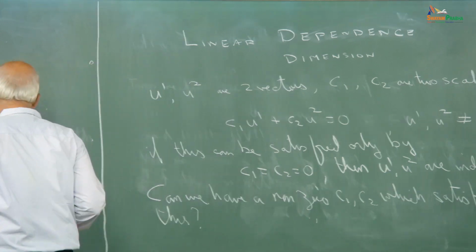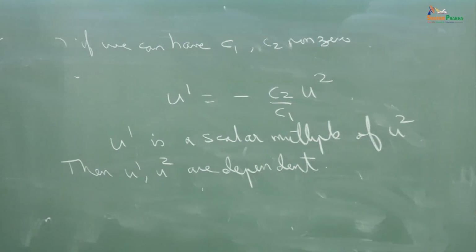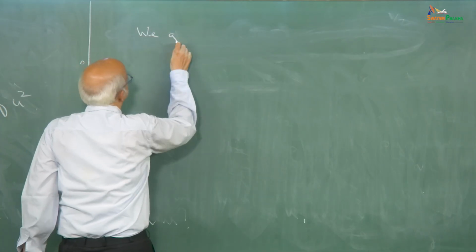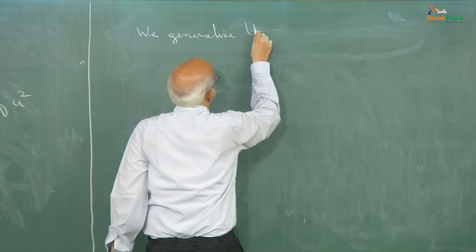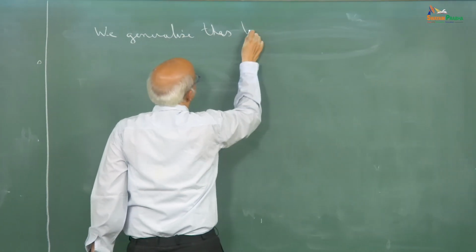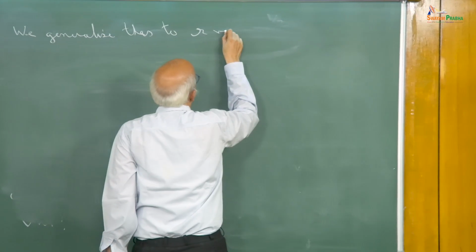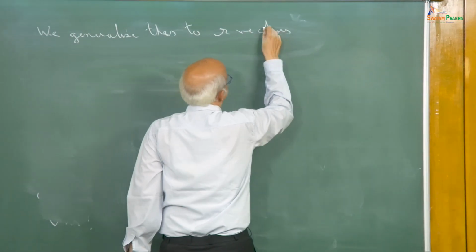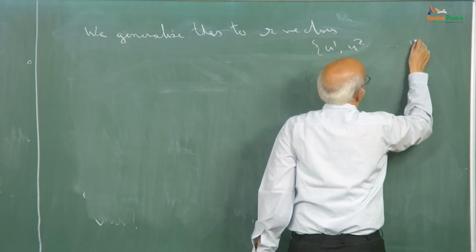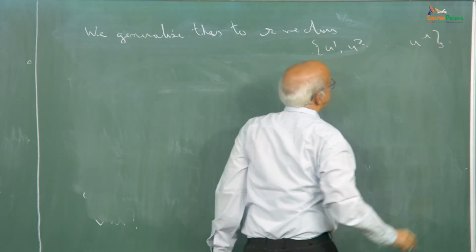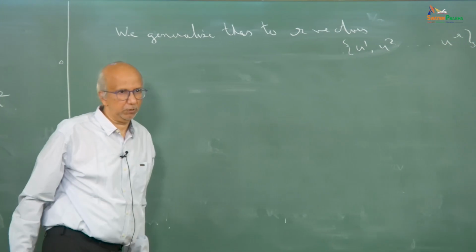So, basically we want to extend this now. We generalize this to r vectors, that is u1, u2, etcetera up to ur, whatever I have said.